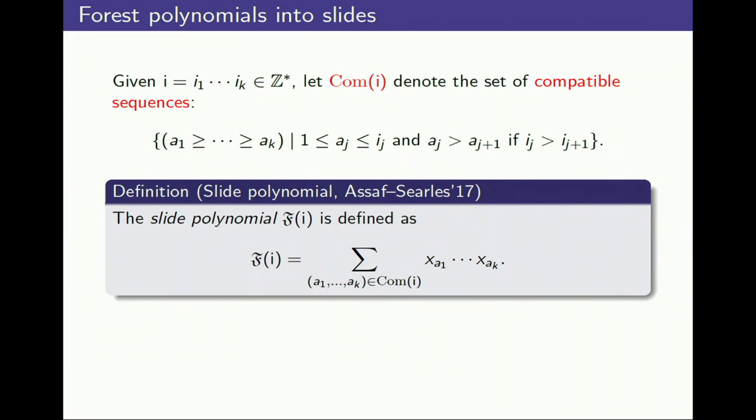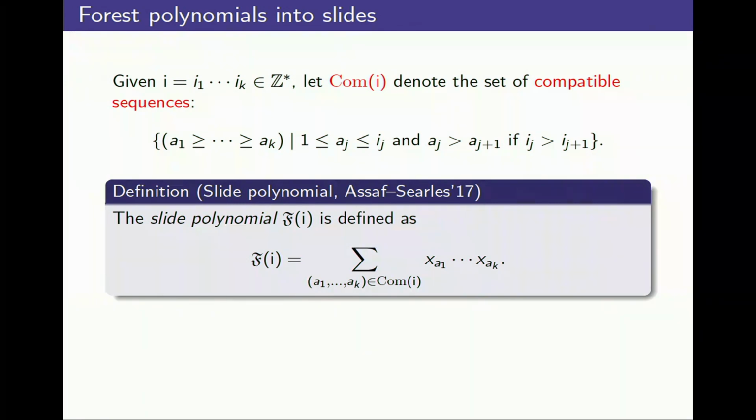What's my definition of a slide polynomial? You hand me a word in the alphabet Z, so hand me a bunch of positive integers, and I'm going to define a set of compatible sequences. What does this set contain? It contains things that are weakly decreasing, read from left to right. And the further condition is, they're bounded by the i_j's, right?